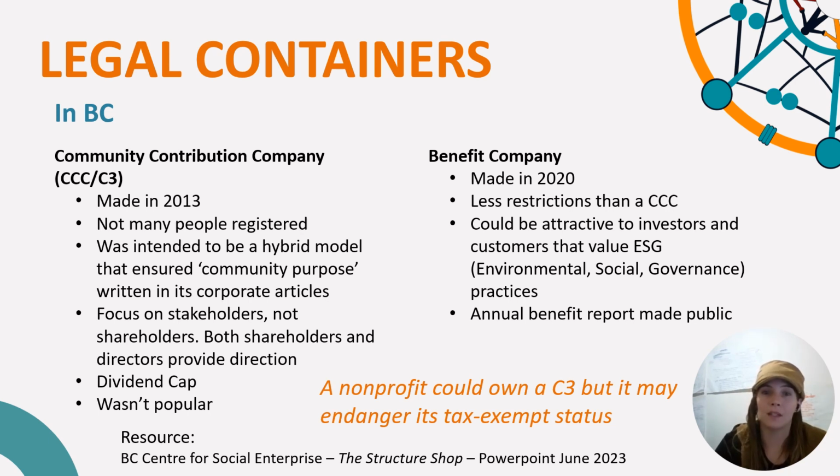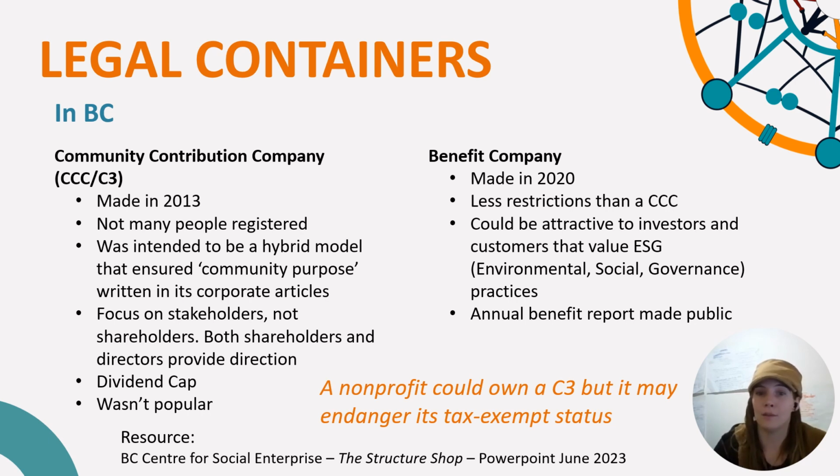So more recently, the government of BC in 2020 made a separate corporation which I think is going after the same things, but has fewer restrictions. So there's no dividend cap, and there's nothing in the articles. Basically, at the end of the year, with a benefit company, you just have to make an annual benefit report to the public.